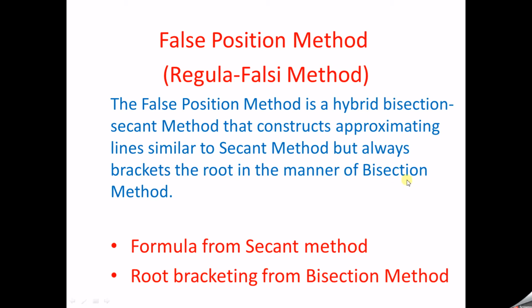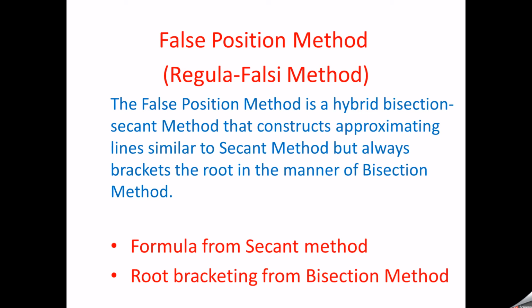That checking of the root lying between two values comes from the bisection method, that is root bracketing, and the formula for approximation of the root comes from the secant method. The combination of these two gives a hybrid bisection-secant method, and we call it the false position method, or sometimes the regula falsi method.